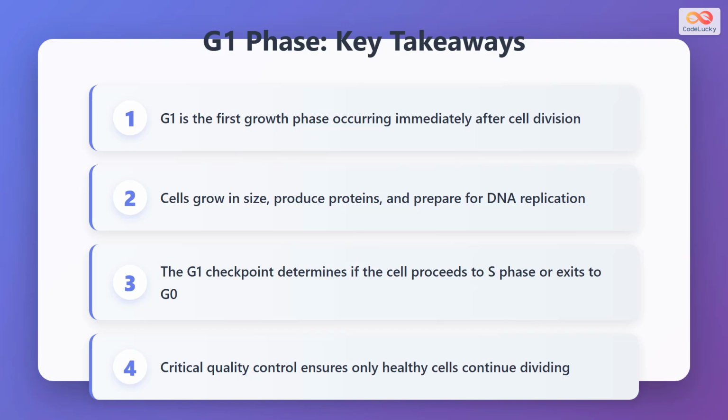And fourth, this checkpoint represents critical quality control that ensures only healthy, properly prepared cells continue through the cell cycle, which helps prevent the propagation of damaged or mutated cells. Understanding G1 phase is essential for grasping how cells regulate their growth and division.